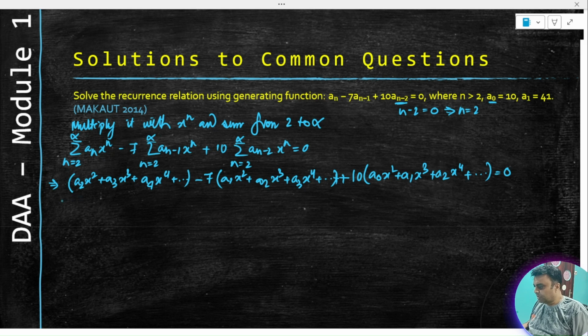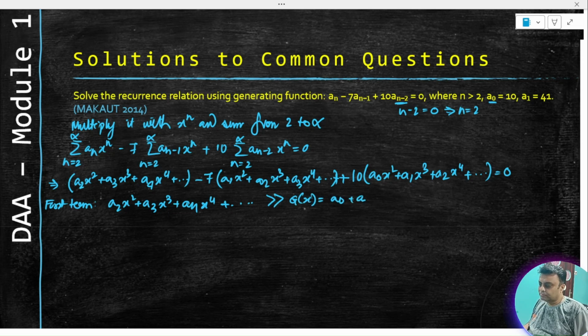So I will be comparing the first term, which is a2x square, a3x cube, a4x4, with gx, which is a0, a1x, a2x square, a3x cube, a4x4 dot dot dot.